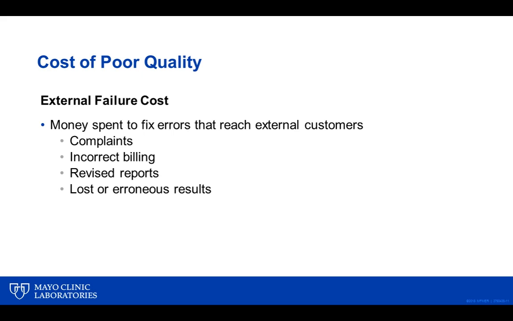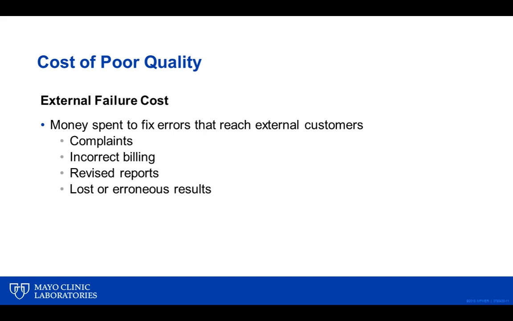If you have complaints coming from outside customers, this is also an issue that we have to try to avoid, because this is also depreciating our goodwill, because customers will not trust our results. Big one, incorrect billing. Not only is it illegal, but now you have incorrect billing to a patient that is challenging this cost or this billing that you send them.